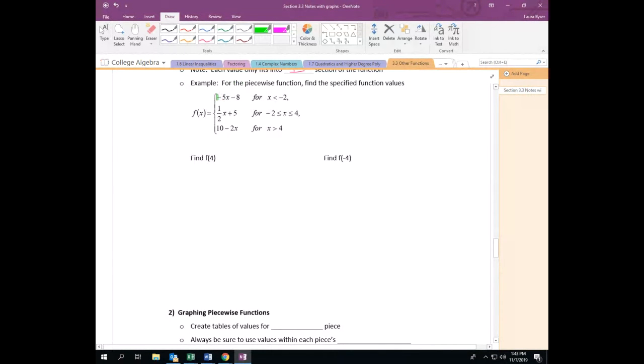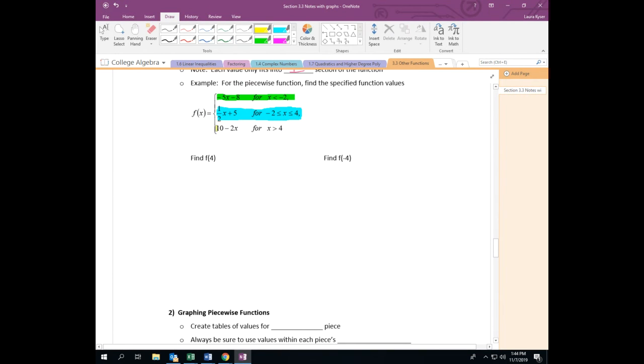So we've got negative 5x minus 8 for values that are less than negative 2. We've got 1/2 x plus 5 for values that are in between negative 2 and 4, including negative 2 and 4. That's why that little equal to part is under there.